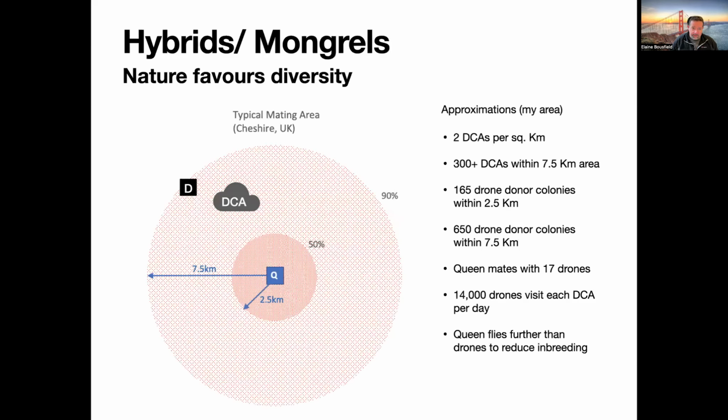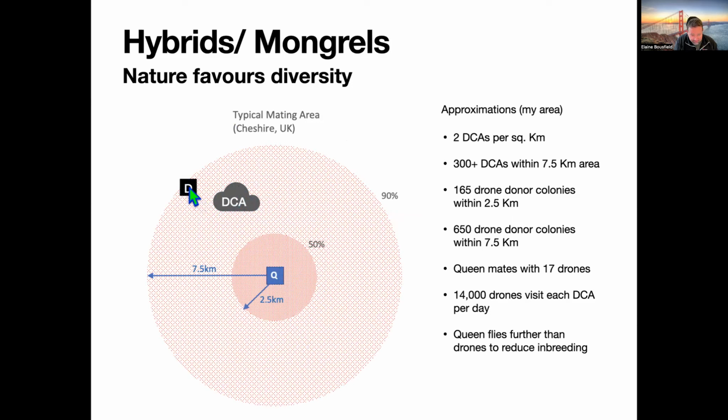So, mating. Nature favors diversity. This is a typical pattern of a mating area. So here's my queen in her hive, and there's a drone over there in a hive. The drone flies to this congregation area, the drone congregation area, and the queen flies there to be mated.